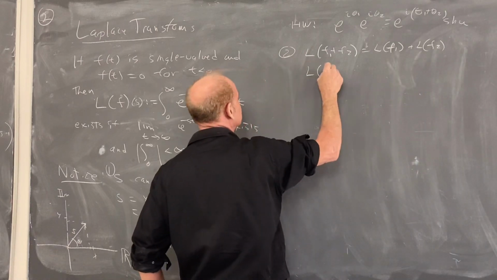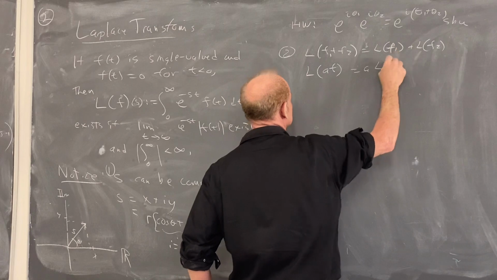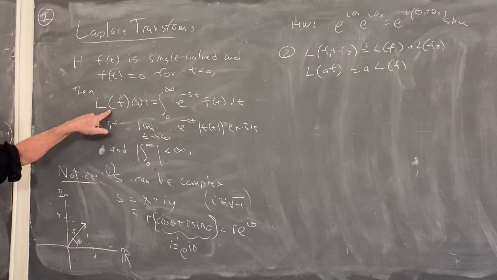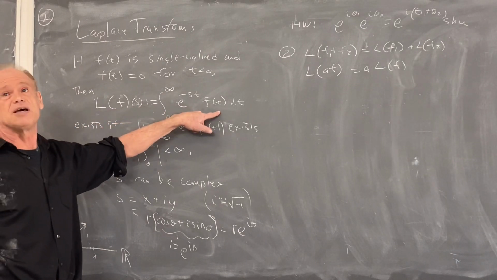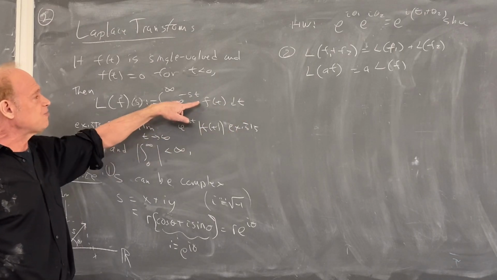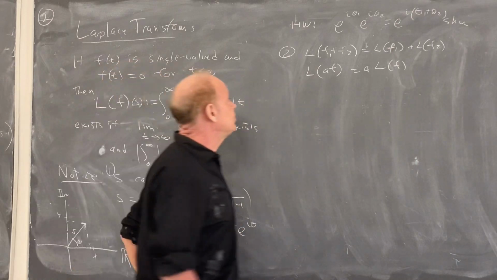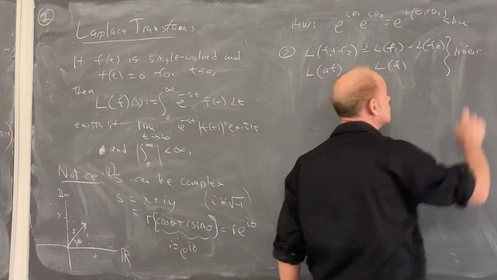And the Laplace transform of a times f is equal to a times the Laplace transform of f. That's straightforward to prove because the Laplace transform is just an integral. The integral of f1 plus f2 is the integral of f1 plus the integral of f2. Similarly, if I had a constant here, I can just pull it out of the integral. So this says that the Laplace transform is linear.